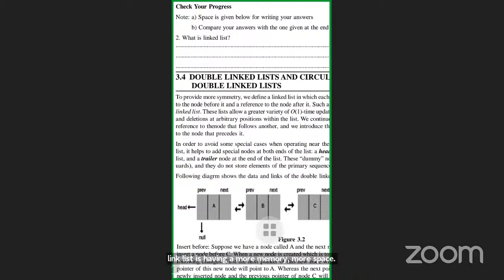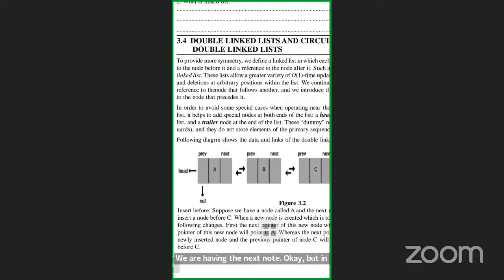In a doubly linked list, you can add on the left side also, and on the right side also. In the singly linked list, we generally add on the right side, where the data is in the first position and on the right side we have the next node. But in the doubly linked list, you can check here diagrammatically. Here A is data, and we have previous and next also.